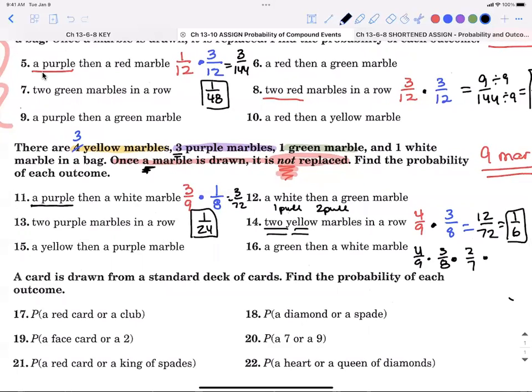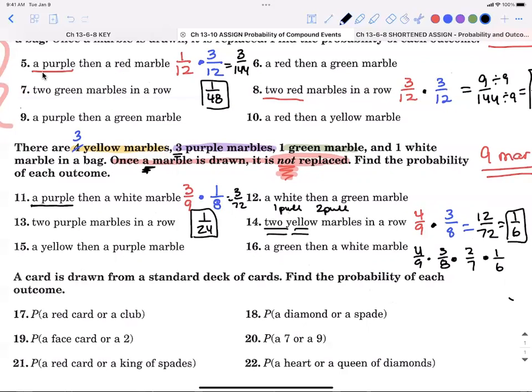What's the probability of drawing 4 yellow marbles in a row? It would be 1/6, because on that 4th draw, you've only got 1 yellow marble left and you only have 6 in there. You'd multiply across the top, multiply across the bottom. Could you go to 0? Yes, the probability would be 0.